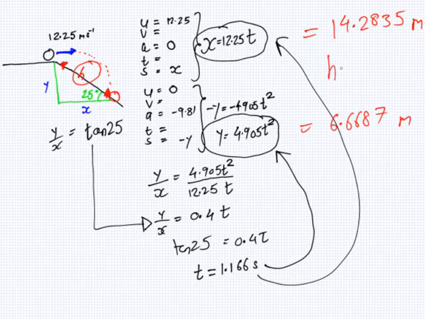So then h equals the square root of 14.2 squared plus y squared, which is 15.8 meters. Wow. Difficult, very difficult. Amazing. I think if you get a question like this, maybe not do it.